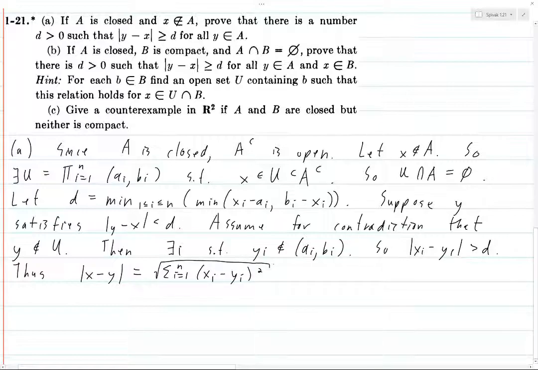Inside the square root, we're adding up a whole bunch of positive numbers. So if we throw out a bunch of them, then the sum will become smaller. So this is greater than or equal to, let's throw out every index other than this particular i that we've chosen. So I guess, just to be clear, let's call this j.